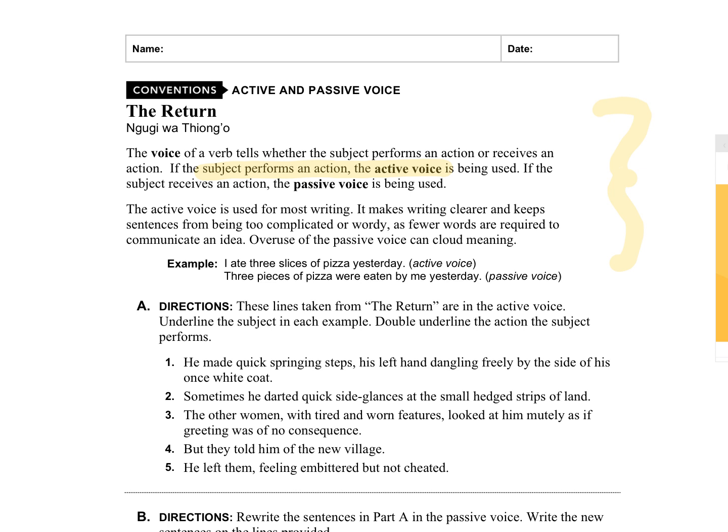So if you're identifying the subject and the verb of a sentence, which we'll do here in a minute, if you have an action verb, it's active voice. And that will not make sense until after you watch the video, so you might want to pause now and come back to this one. Okay? And then, if a subject of a sentence receives an action, that's passive voice.